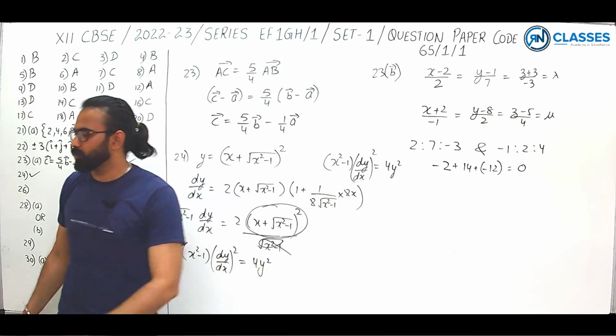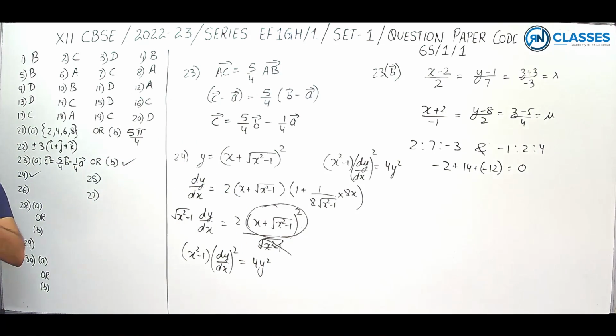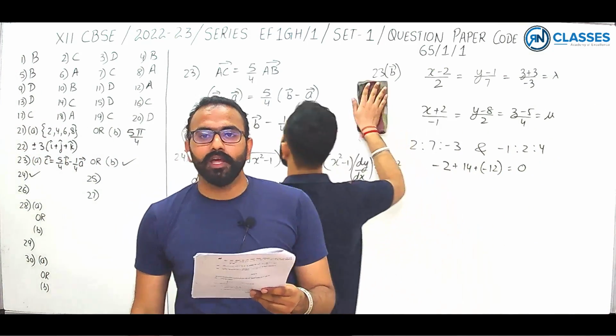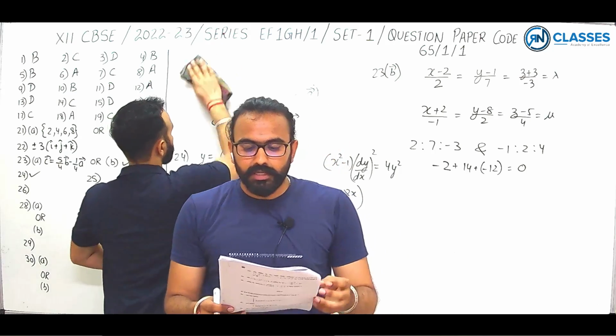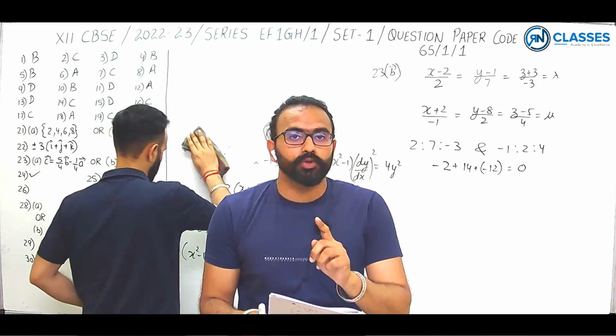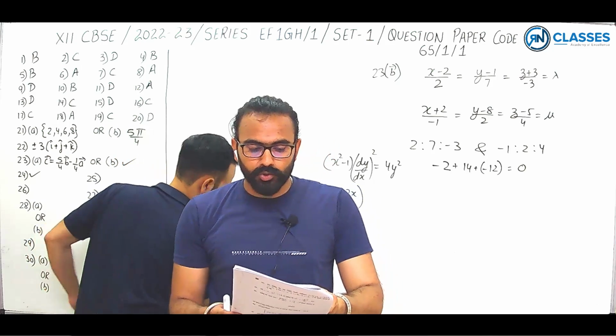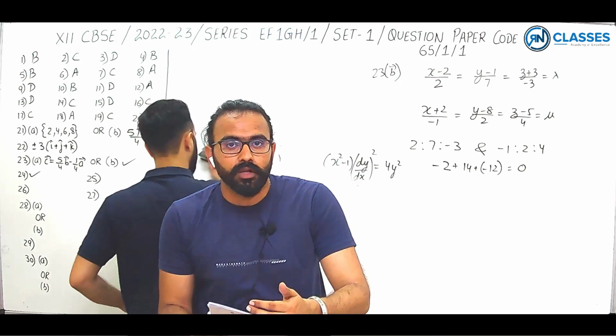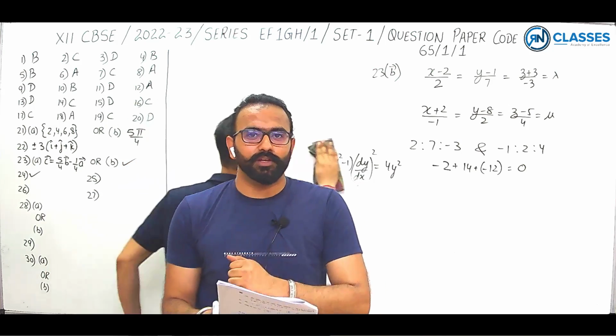Now passing on to the next question, that is 25th question. Show that the function f of x equals to this is strictly decreasing in pi by 2 to pi. In order to show whether this function is strictly decreasing or not, first of all we have to find its derivative.